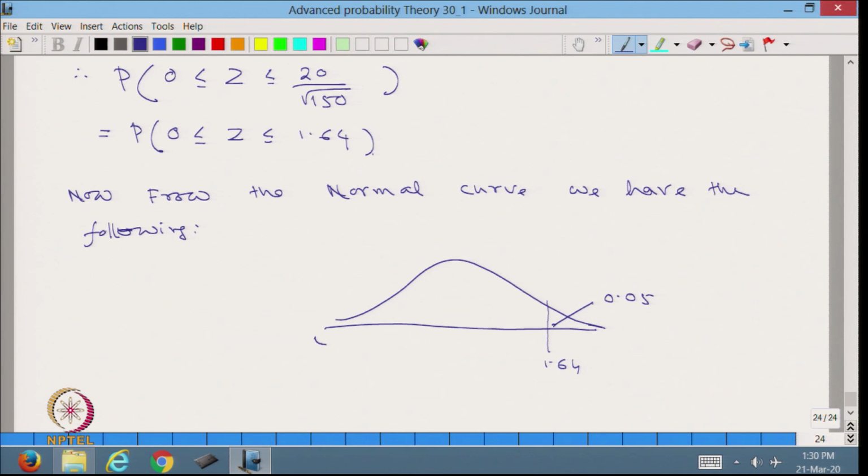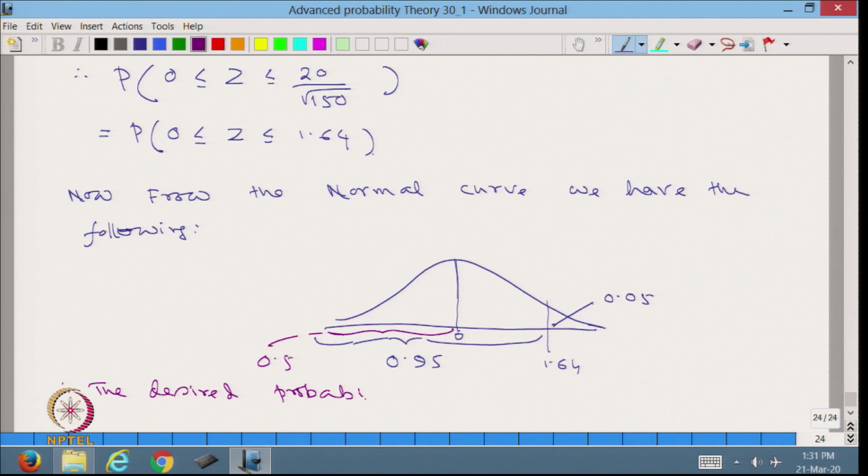Therefore, the probability below it is 0.95. Below 0 the probability is 0.5. Therefore, the desired probability is equal to 0.95 minus 0.5, which is equal to 0.45.